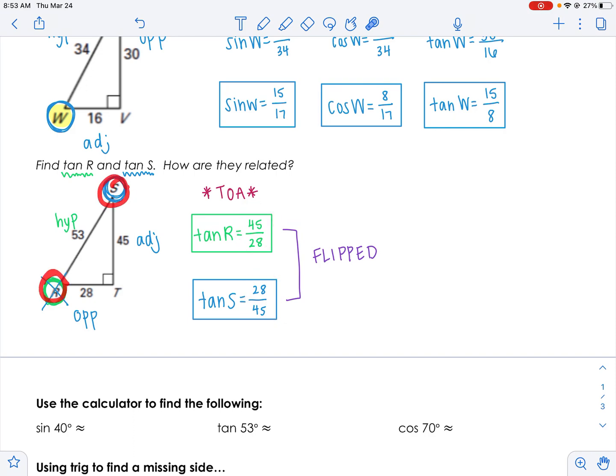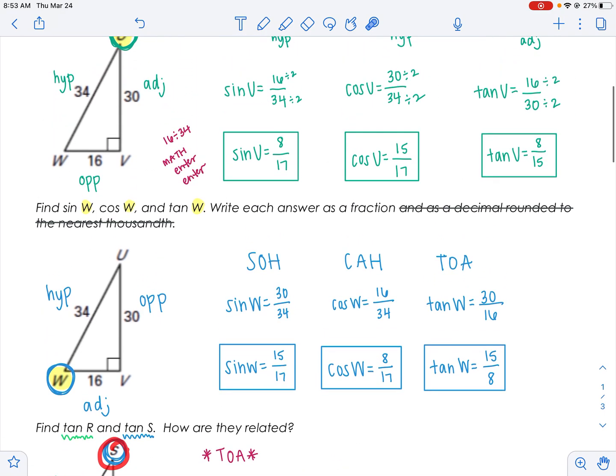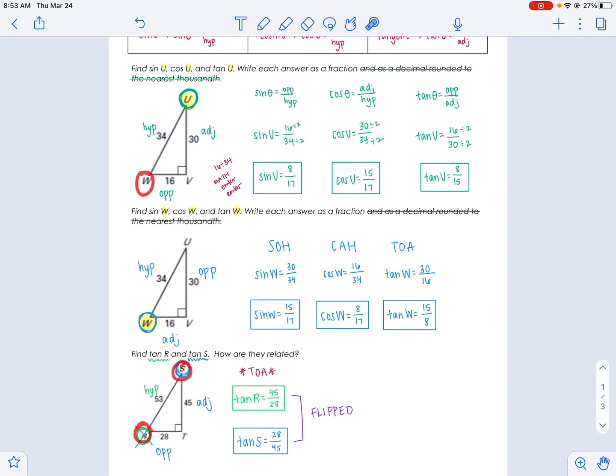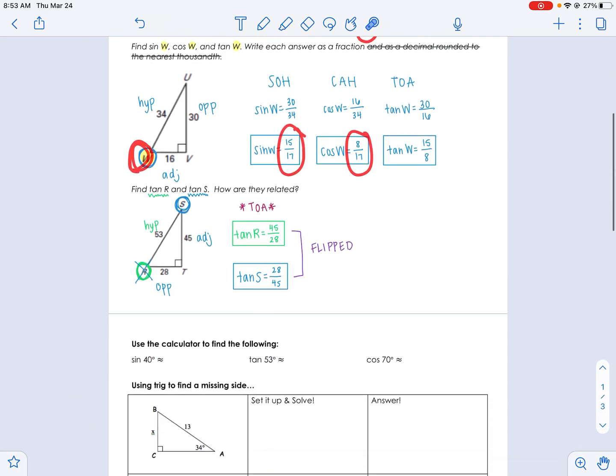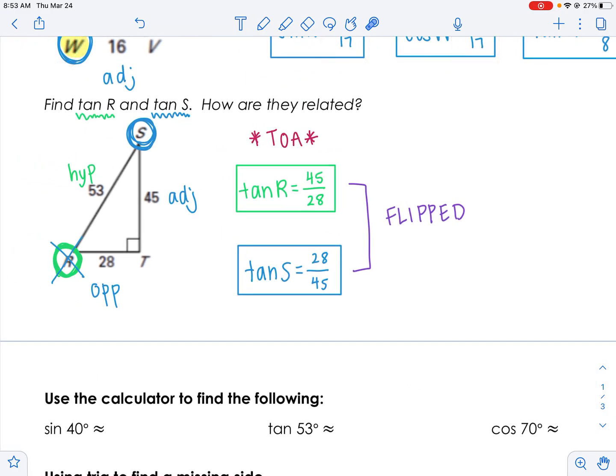We'll always use the acute angles in trig, and if you change from angle R to angle S, or look back, when we changed from angle W to angle U, notice that my numbers kind of flip-flopped. So it really matters which angle you're talking about because it all revolves around that angle and how you label. So something to be very, very careful with.